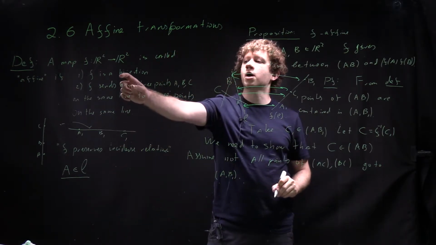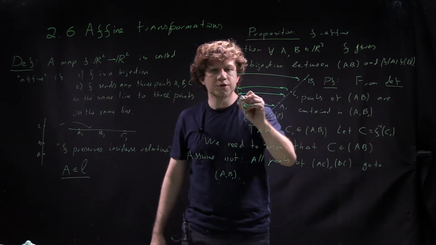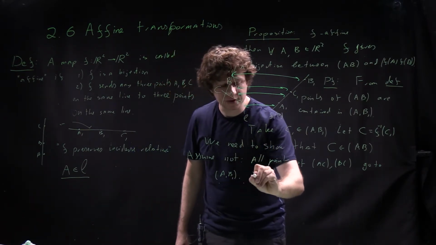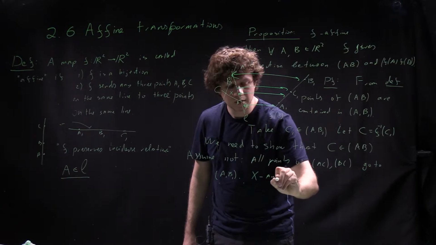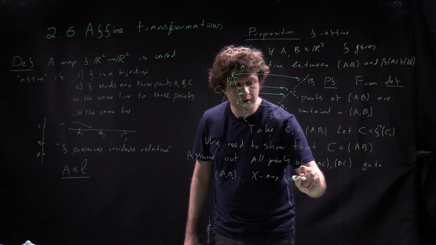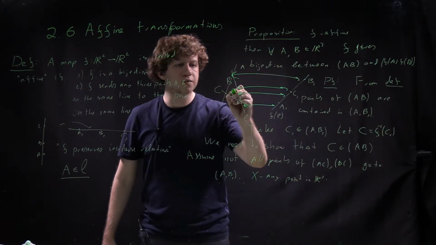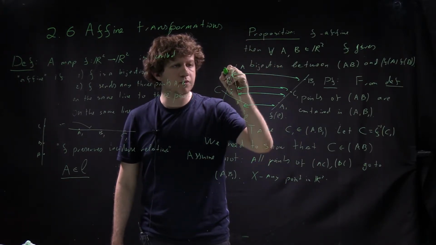And we are going to come to a contradiction with property 1. So take X, let X be any point in the plane, X any point in R2, and let's draw a random line through it.